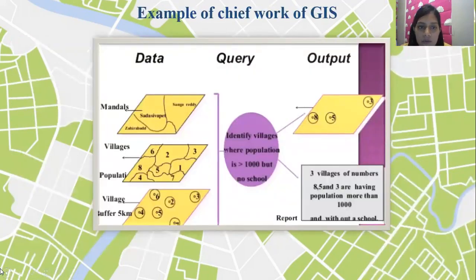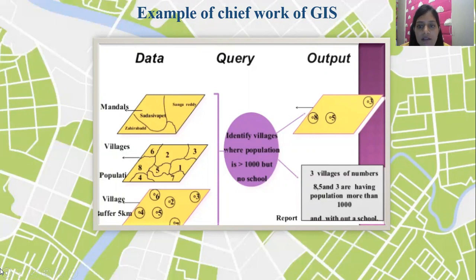Moving further, this is the example. I want to show you how data query works and what output we can get. We have the village population data. You can see here the buffer of 5 kilometers, the mandals, right? So here we have given some query, some analysis, to identify villages where population is greater than 1000 but with no schools, right?